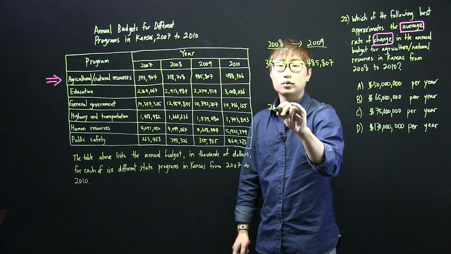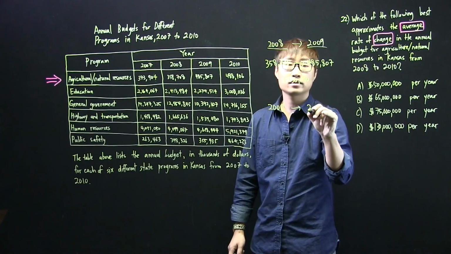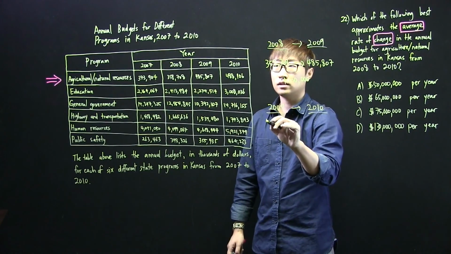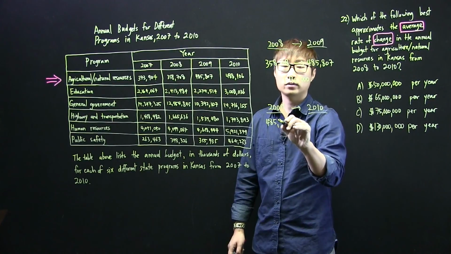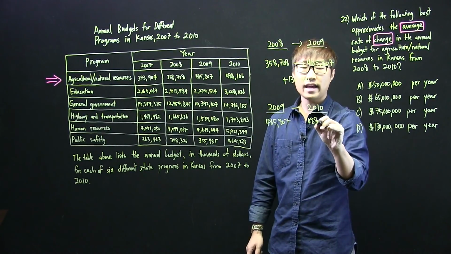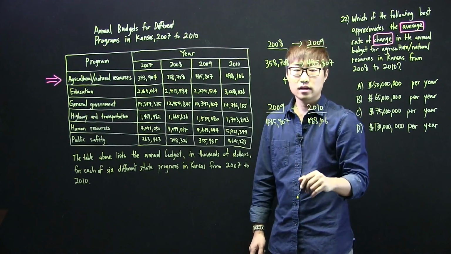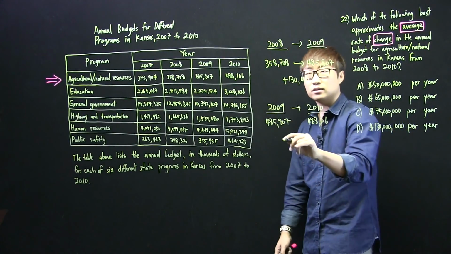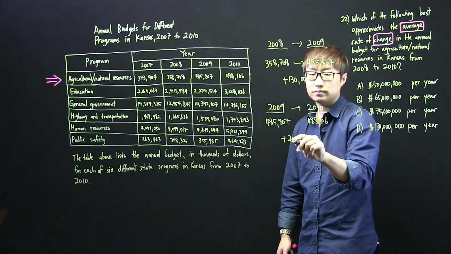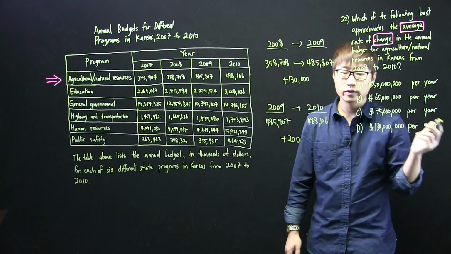And then let's look at from 2009 to 2010. What was the change? 2009 was 485,807, and 2010 was 488,106. The change is roughly about plus, I don't know, like 200, 300, whatever, right?